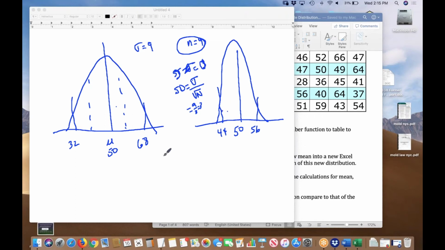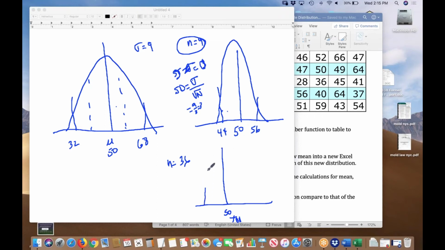Well, how about if I take a sample size equal to 36? What's that going to look like? In that case, if we take repeated samples from this population at random of size 36, half of the means are going to be greater than 50, half below, but the mean is still going to be approximately 50.